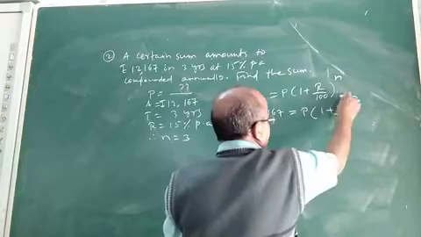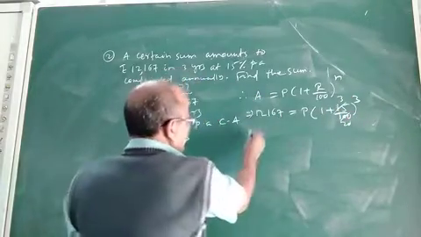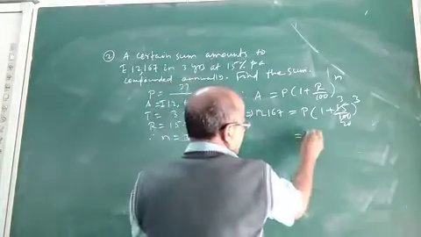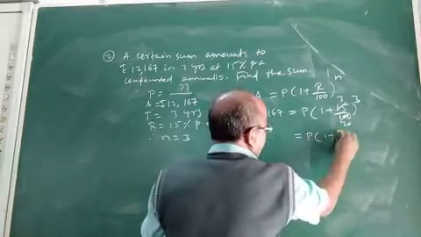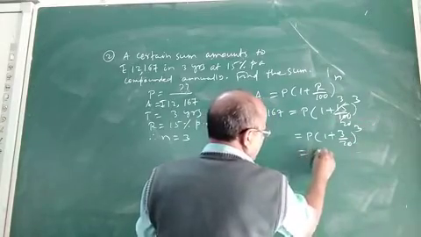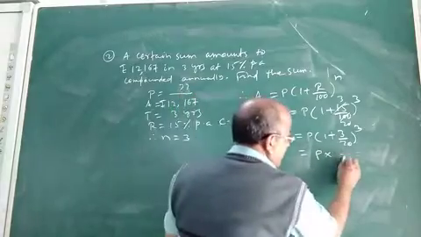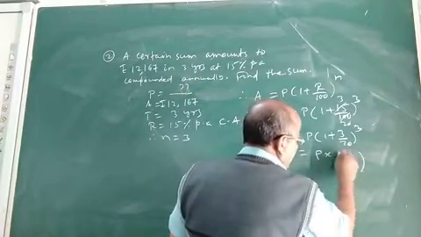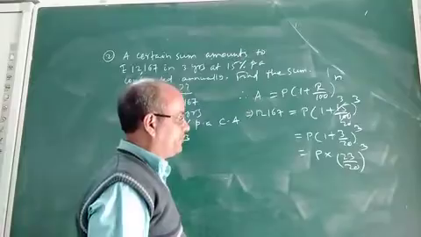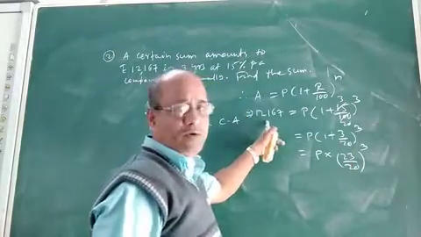Now do cancellation: 5 threes are 15, this is 20. So it equals P into 1 plus 3 by 20 whole cube. On simplification, 20 plus 3 is 23, so it will be 23 by 20 whole cube, into P, equal to 12167.